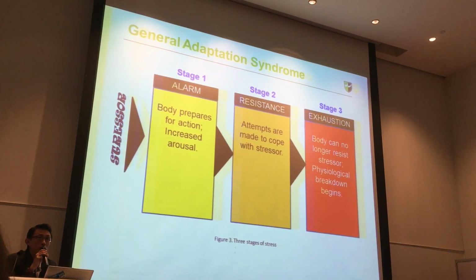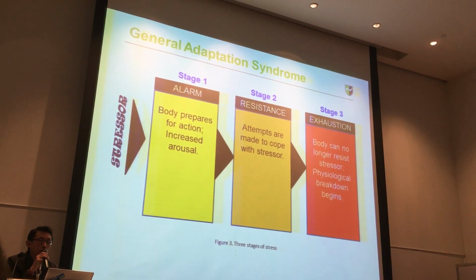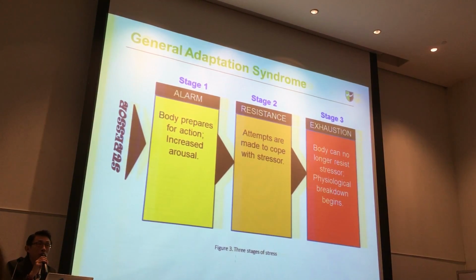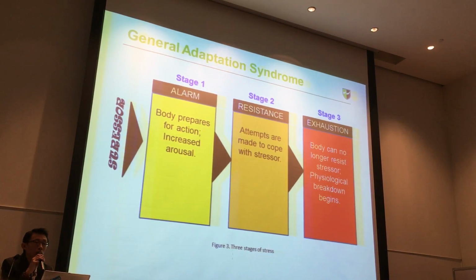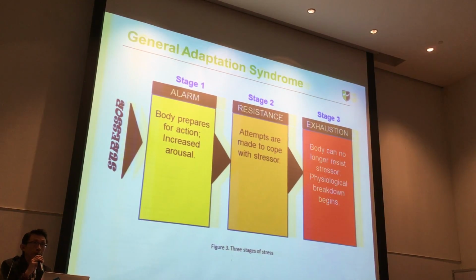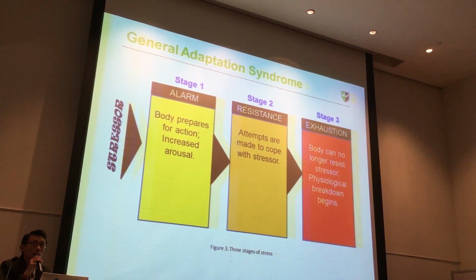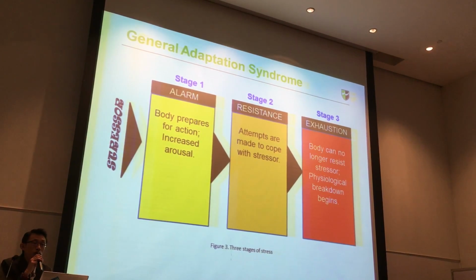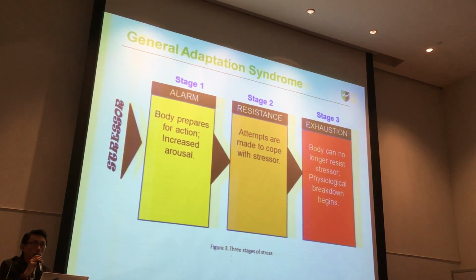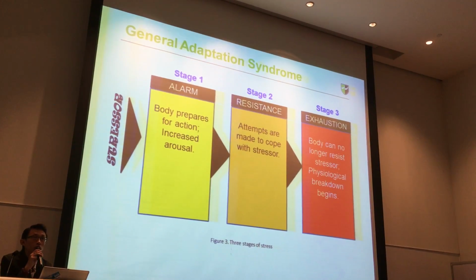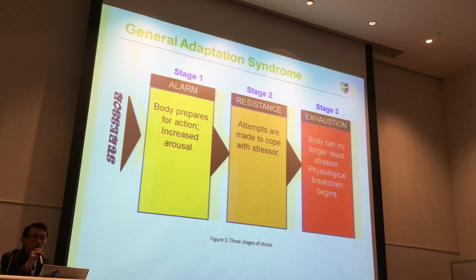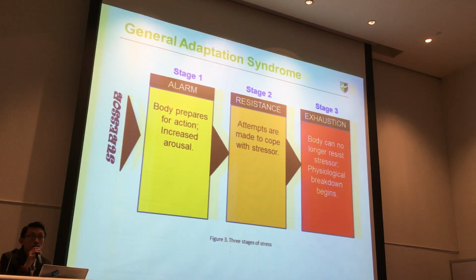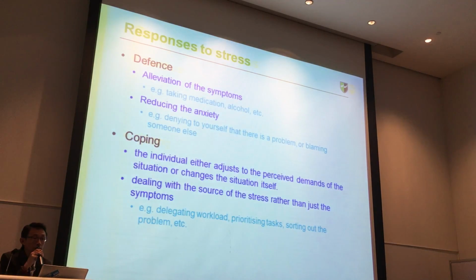Okay, so for this general adaptation syndrome, stage 1, 2, and 3, please know what each stage is all about. Okay, stage 1 is about alarm, stage 2, you are experiencing some resistance. By the time you hit stage 3, you are in your exhaustion stage, where everything just breaks down. Okay, note the 3 different stages, please.